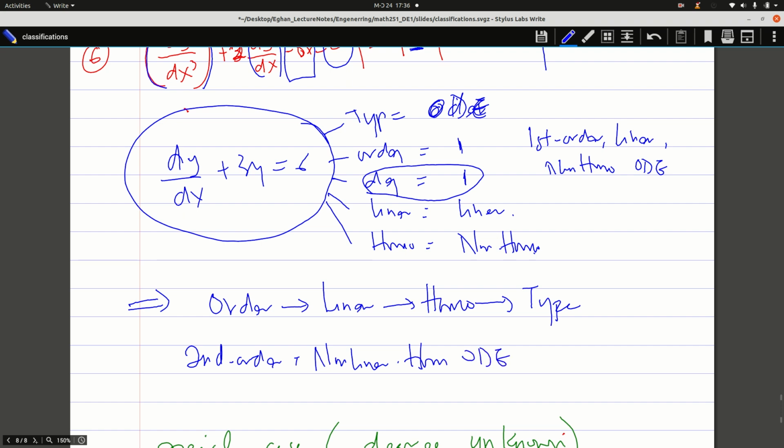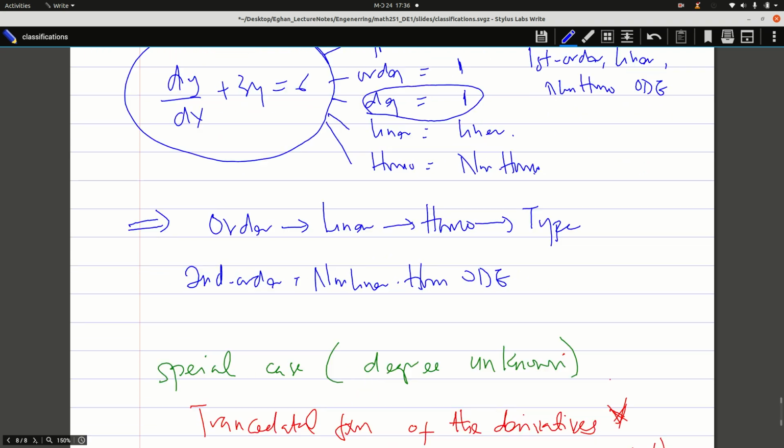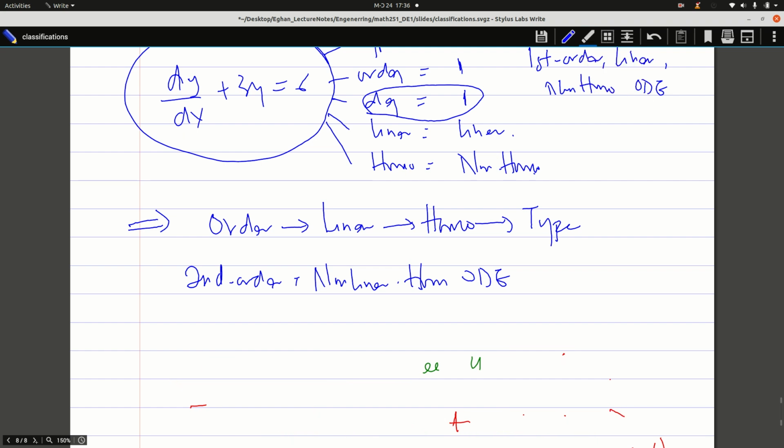Okay, because I'm using the same notes, I still have my writings here, so I'll clear them. I could say this is a first order linear non-homogeneous ODE. This is how you do your classification at a go, or something PDE.